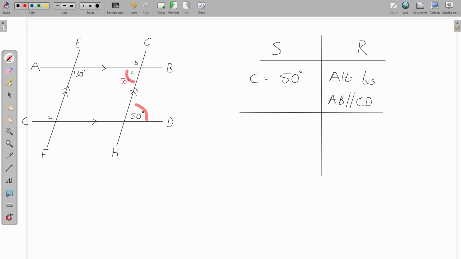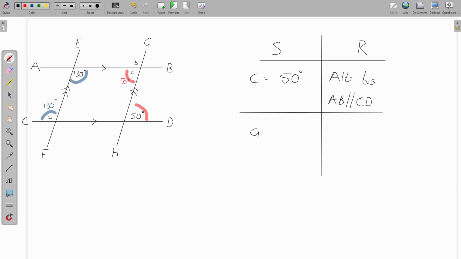Now, let's have a look at A. Would you agree I've got a backwards stretched out Z here? The arms of the Z, they are part of the parallel line, so we can say that 130 and A are alternate angles. So A would be 130 degrees.